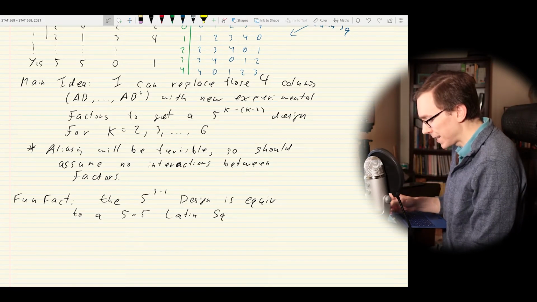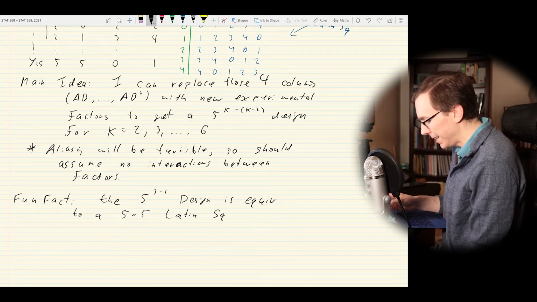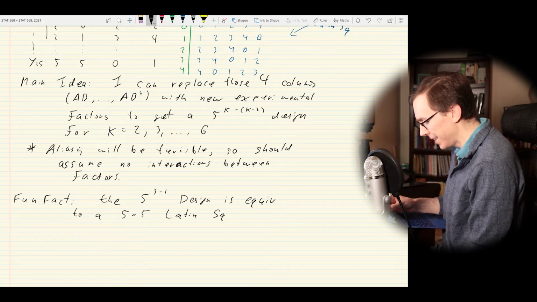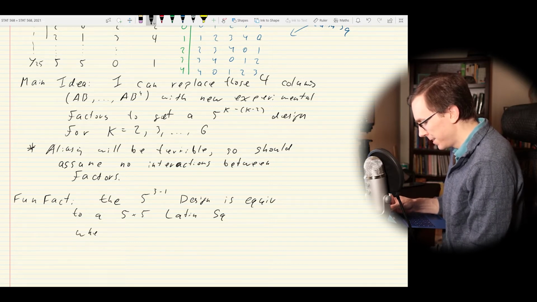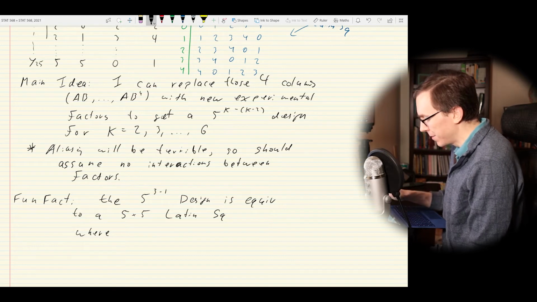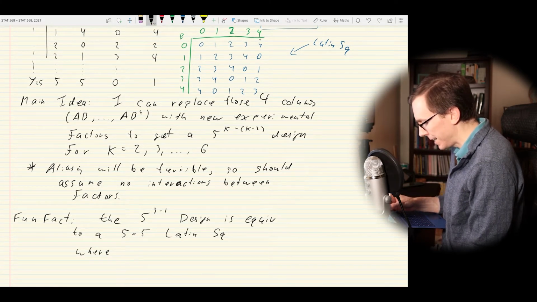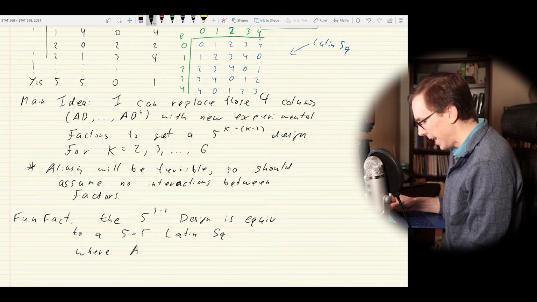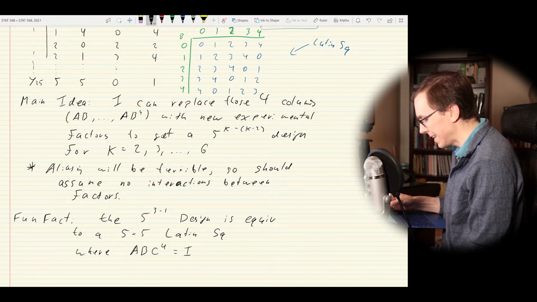What I would do is have factors A, B, and C, and then I would just need to say, in the case of the blue table up here, that I'm setting A, B, C to the 4 equal to the identity.